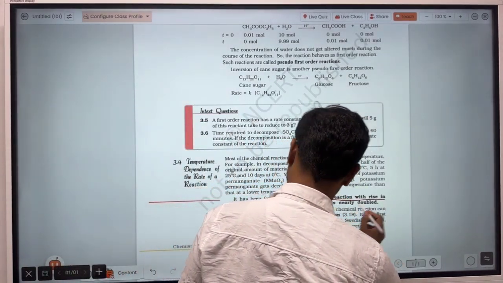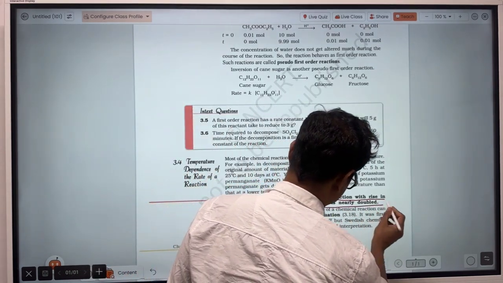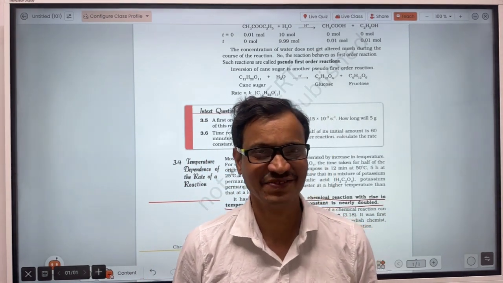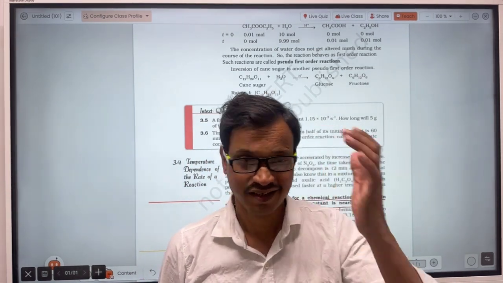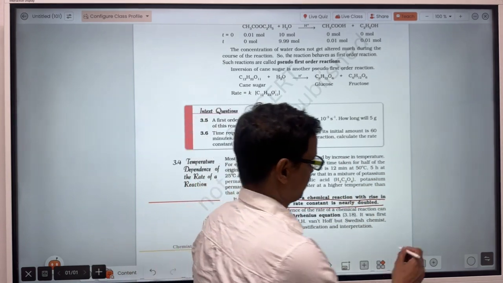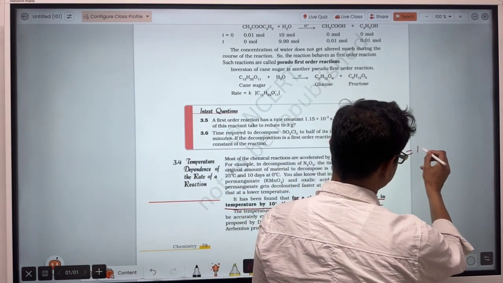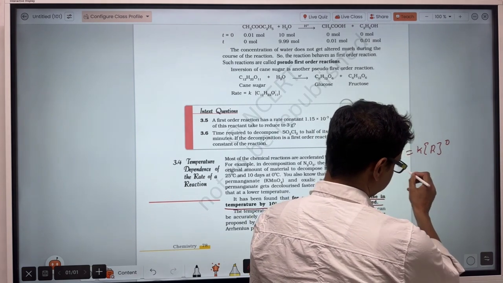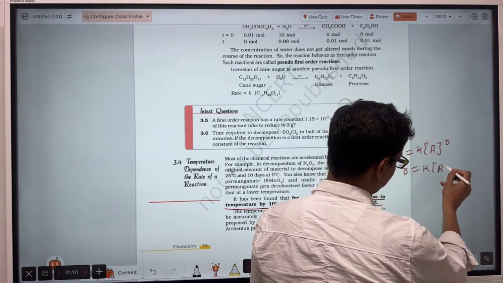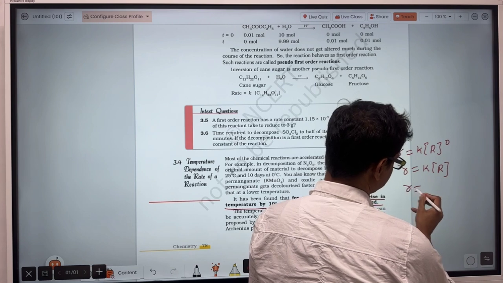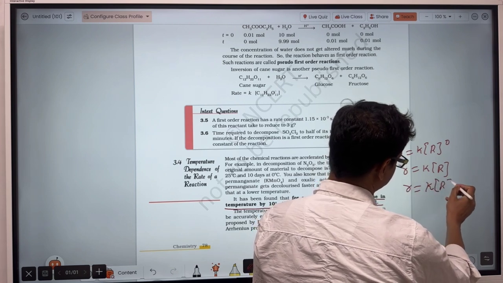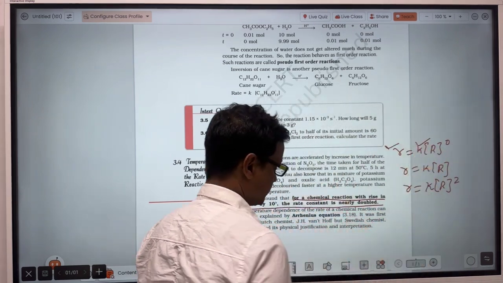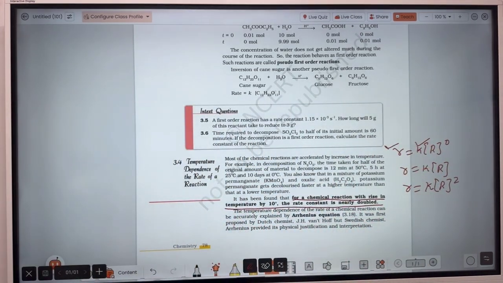The rate constant will become double, meaning the rate of reaction will double, because R is equal to K times the concentration of reactant: for a zero order reaction, R equals K; for a first order reaction, R equals K times the concentration; for a second order reaction, R equals K times concentration squared, as you have studied. So if the rate constant increases, the rate of reaction will also increase.